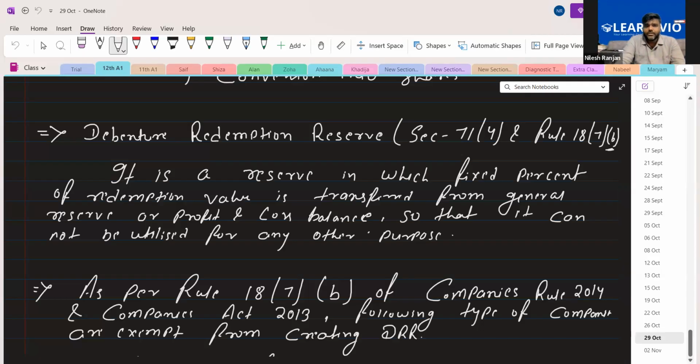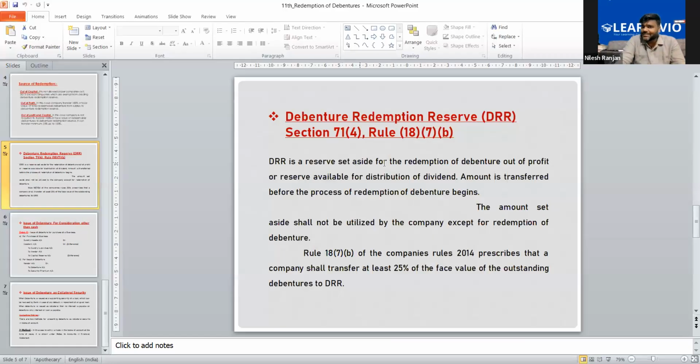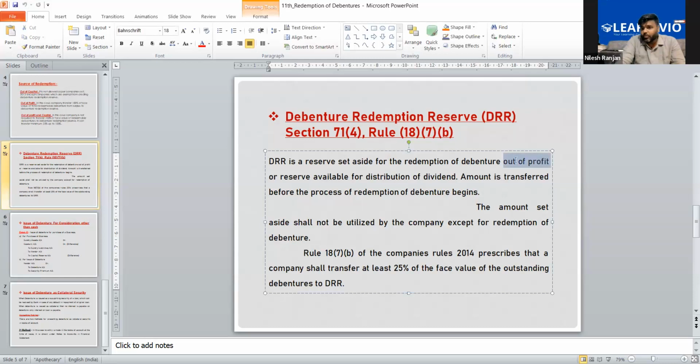So this is written here that DRR is a reserve set aside for redemption of debenture out of profit or reserve available for distribution of dividend. Amount is transferred before the process of redemption of debenture begins. The amount set aside shall not be utilized by the company except for redemption of debenture. So there is only one purpose, and it is redemption.